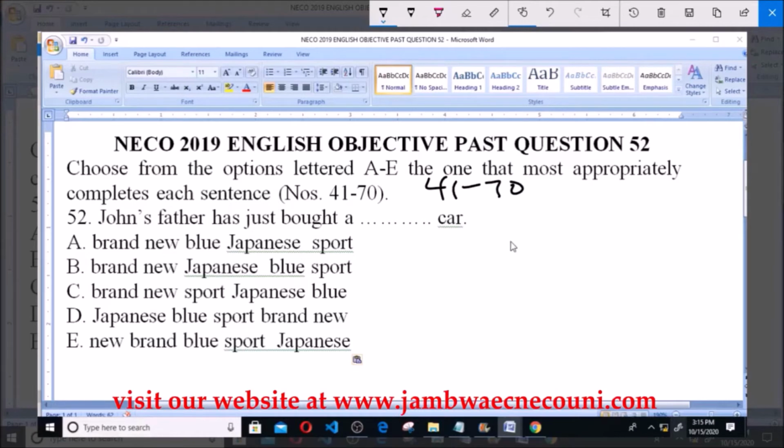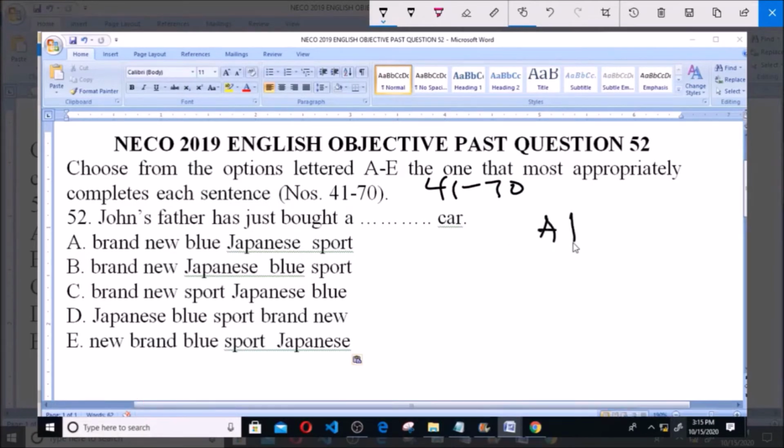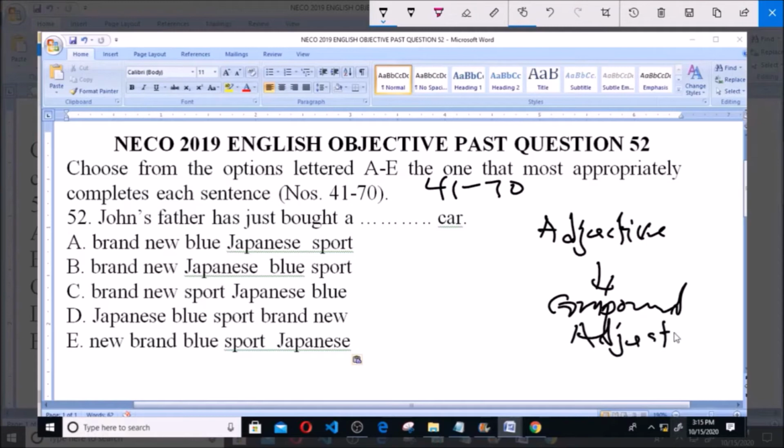This question is from adjectives, and it is what we call compound adjectives. Option A says brand new blue Japanese sports car. Option B says brand new Japanese blue sports car. C says brand new sport Japanese blue.